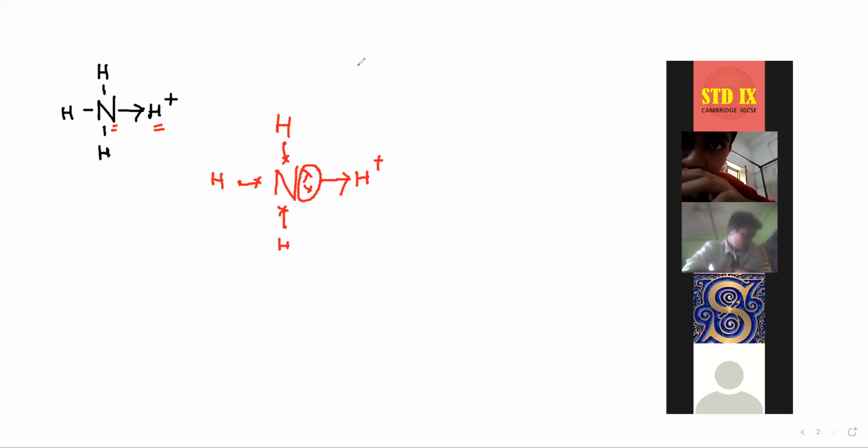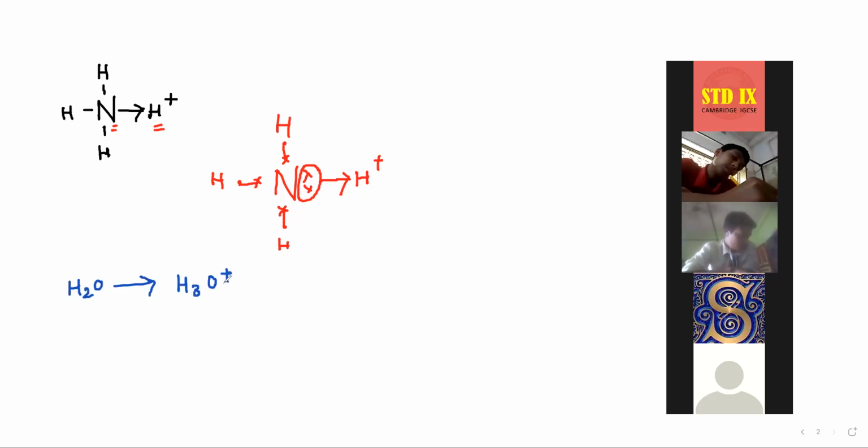Another important diagram I should show of this coordinate covalent bond is from H2O to H3O plus. So let us first draw H2O. H2O looks like this, H here.